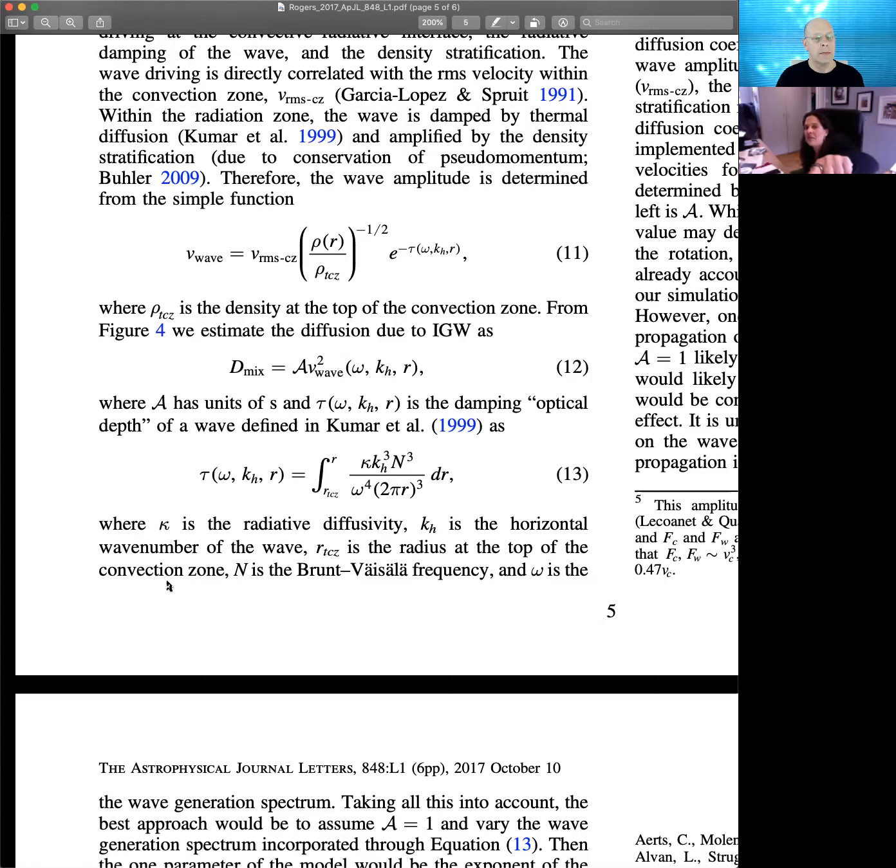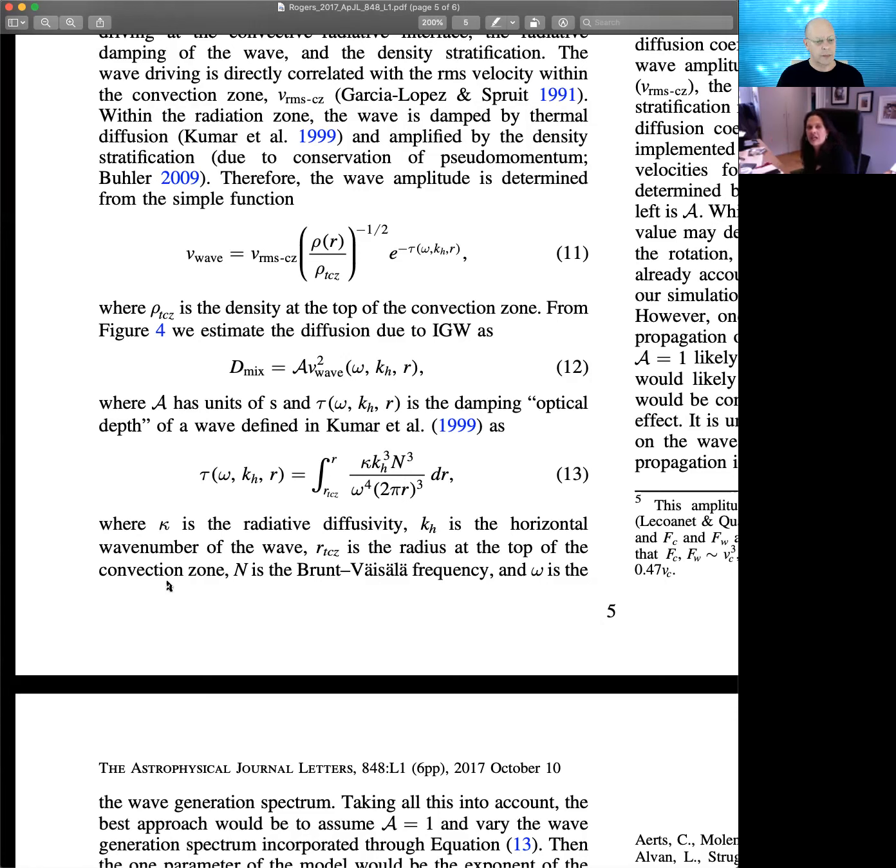And then the e to the -tau is the damping associated with the radiative diffusion. As you can see, that damping depends on the frequency and wavelength of the wave, as you would expect.